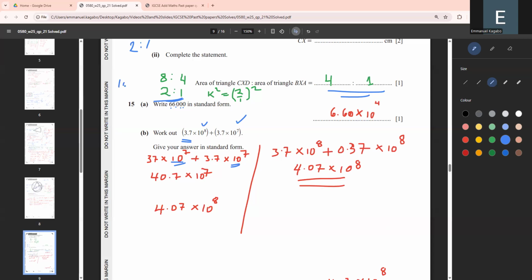So it will be 10 power 7 bracket 37 plus this. When you add it now, it will give you 40.7 times 10 power 7. And this is not in standard form, so write it in standard form. We increase by that, so my final answer becomes this. Okay. Very good.